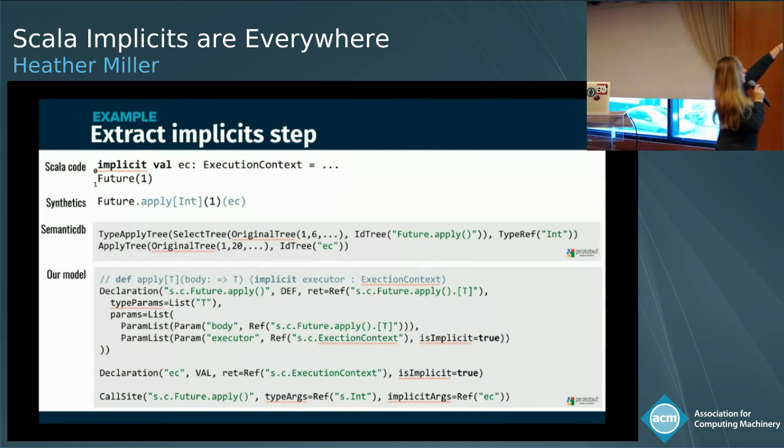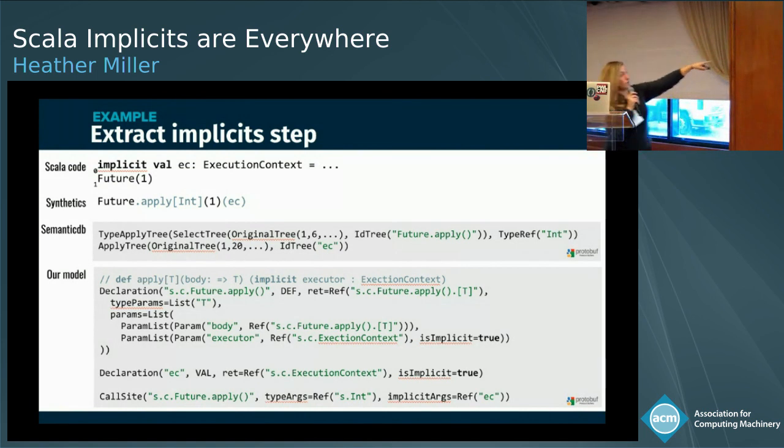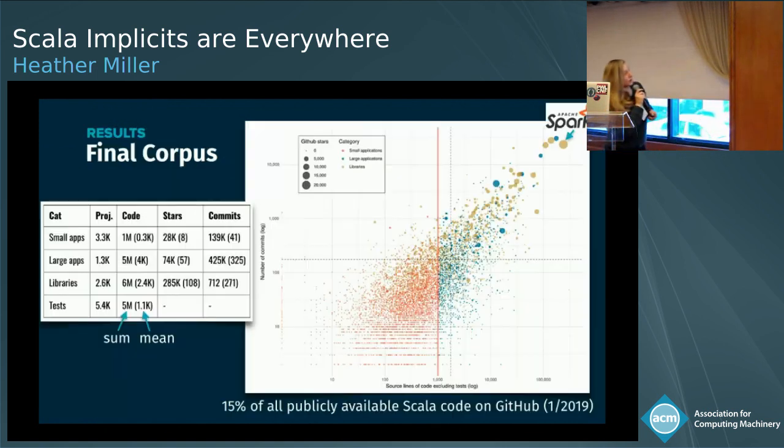Semantic DB gives us an AST representation that looks like this, and we basically rewrite it so that it's easier for us to query. It's easier for us to go back and forth between declarations and uses, and that's what we do in our model here.